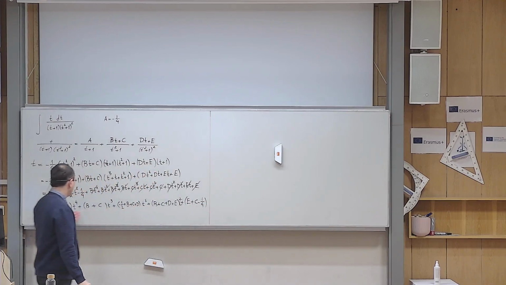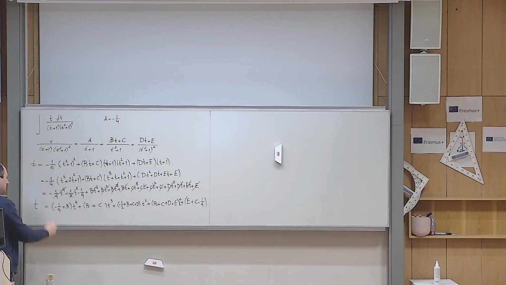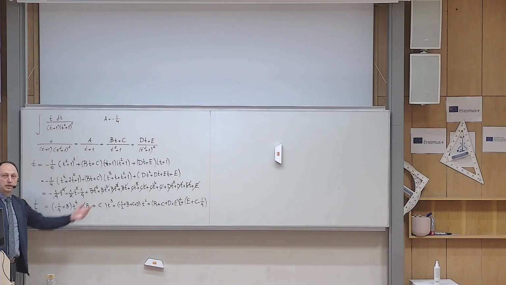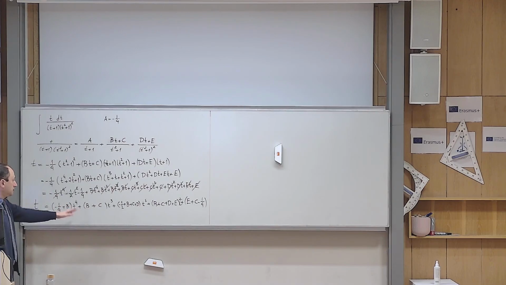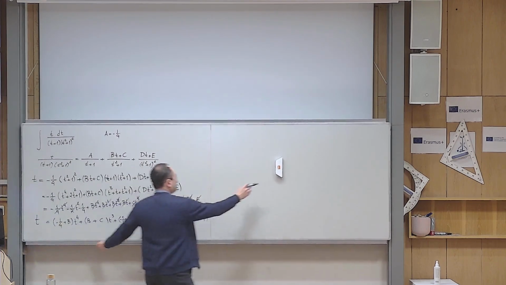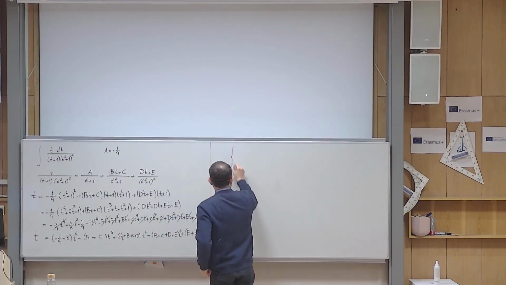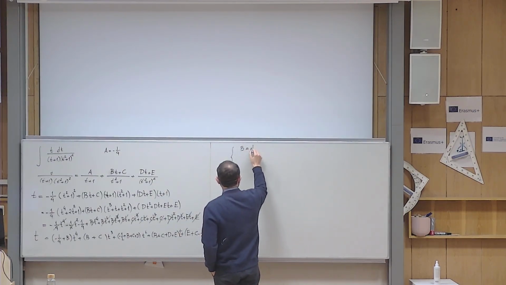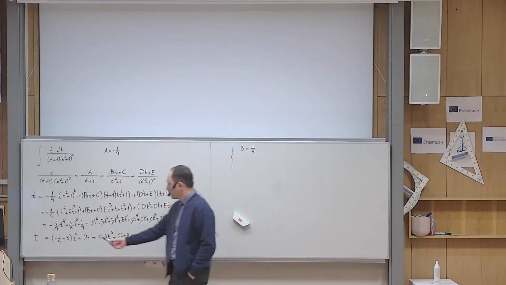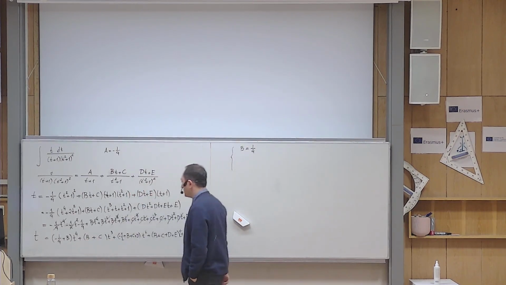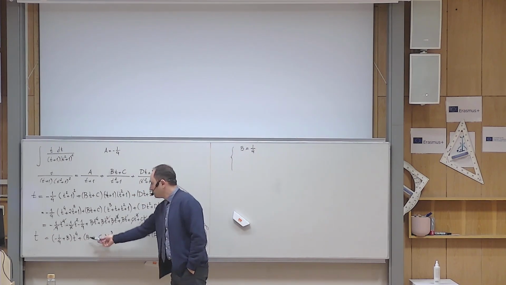Okay, so this should be identical to this polynomial. This can happen if and only if the corresponding coefficients on the right and the left match. So this means that this number is 0. So it means that b is 1 over 4. Yes, because this should be 0. This should also be 0. So this means c is minus b.